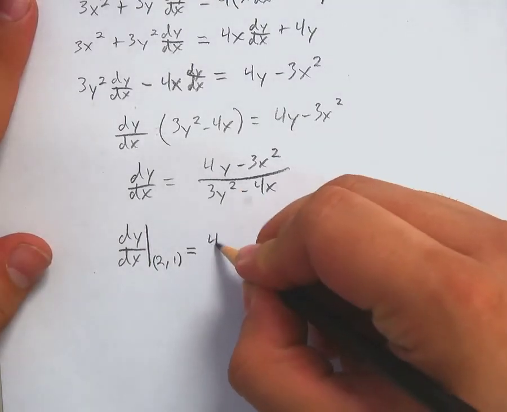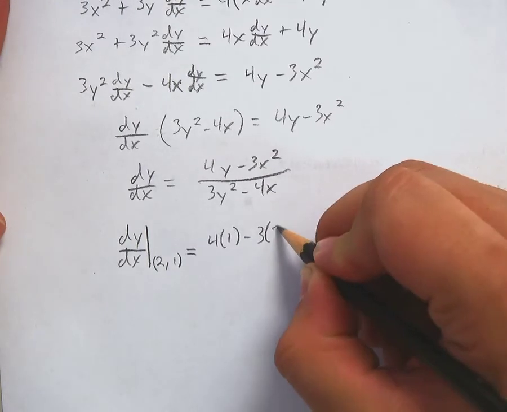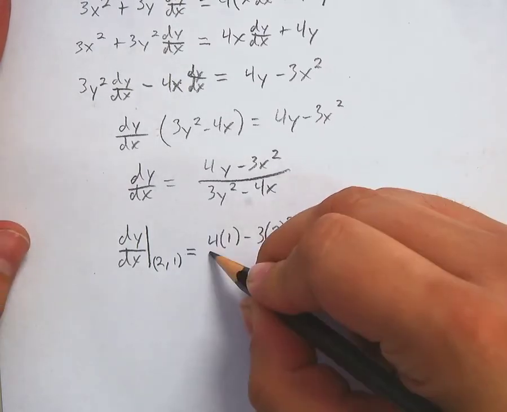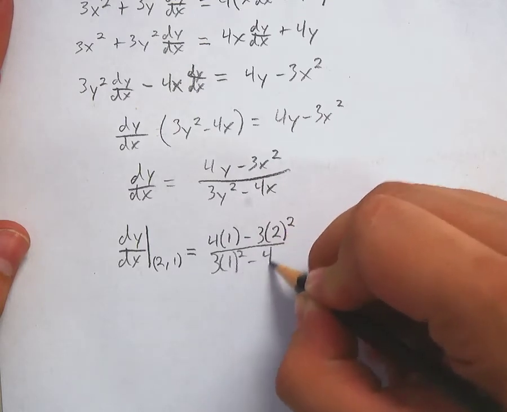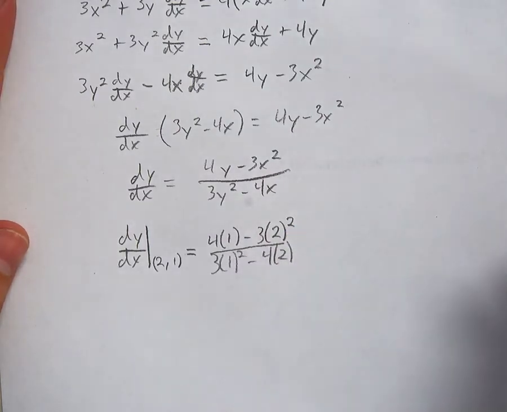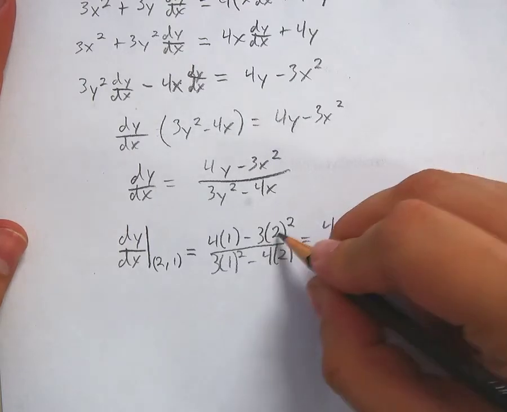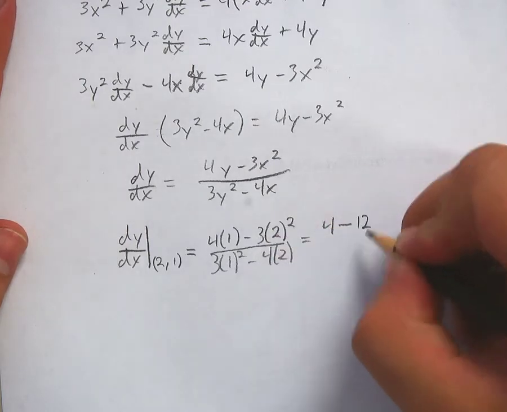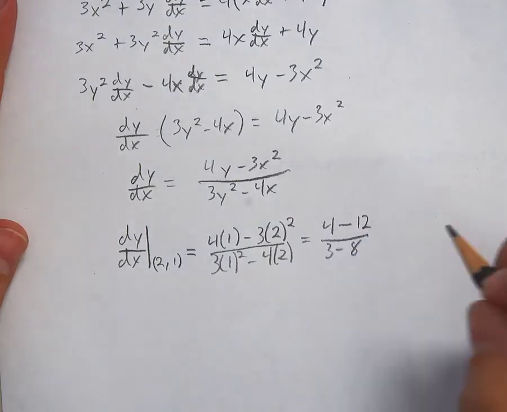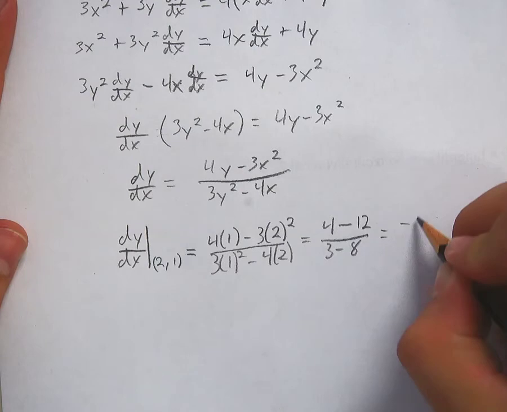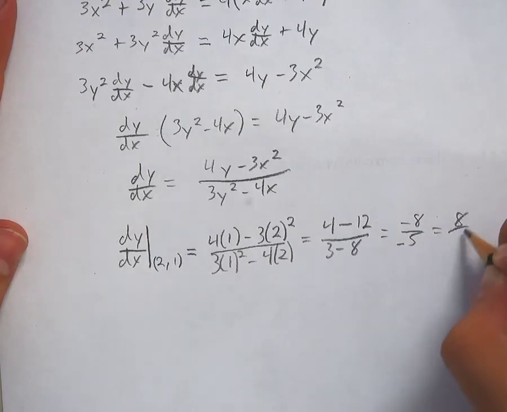So that's going to be 4 times 1 minus 3 times 2 squared, over 3 times 1 squared minus 4 times 2, which is 4 minus 3 times 4, which is 12, over 3 minus 8, which is negative 8 over negative 5, which is 8/5.